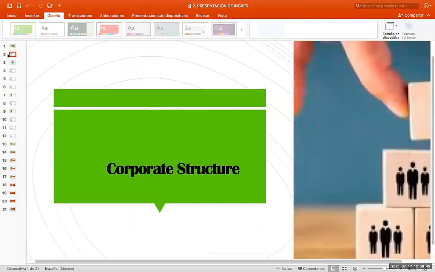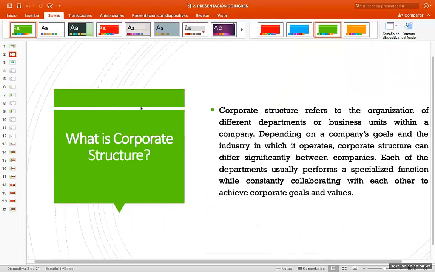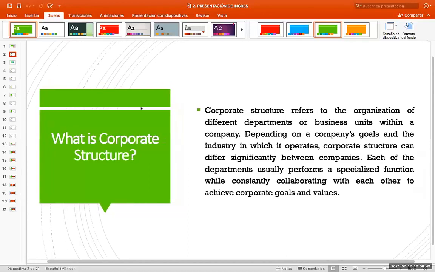If you want the answer, stay in this slide. Which are the four? No. Which is the point that is considered by the factory to define the corporative structure or industry?